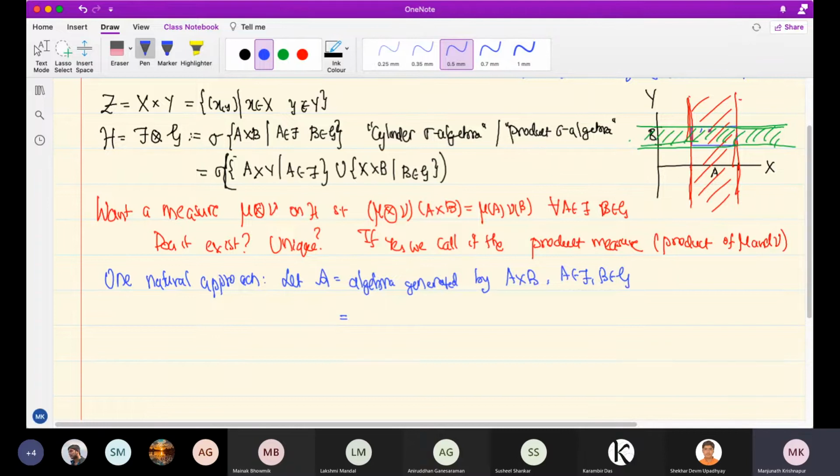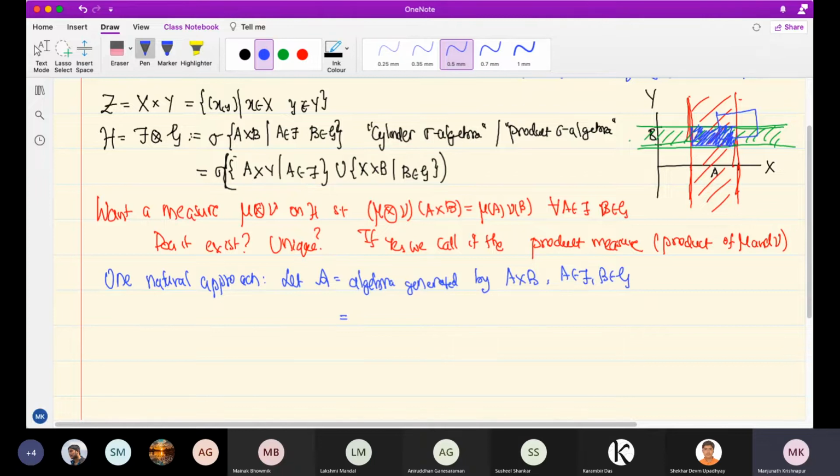If you take a rectangle like this, the thing is, intersections of rectangles are rectangles. So if I take some other rectangle like this, the intersection will be a rectangle also. That is one thing. So it is what is called a pi system. If you remember, a pi system is a collection of sets which is closed under intersections. So rectangles are closed under intersections.